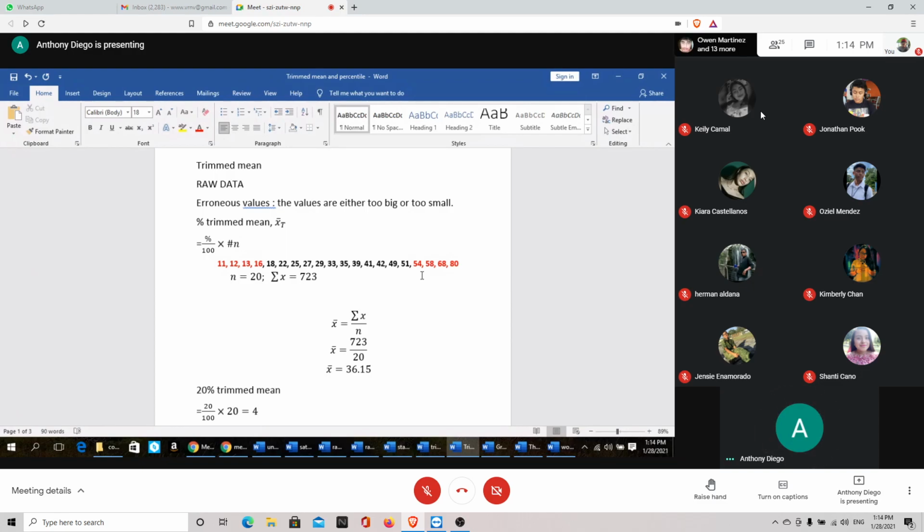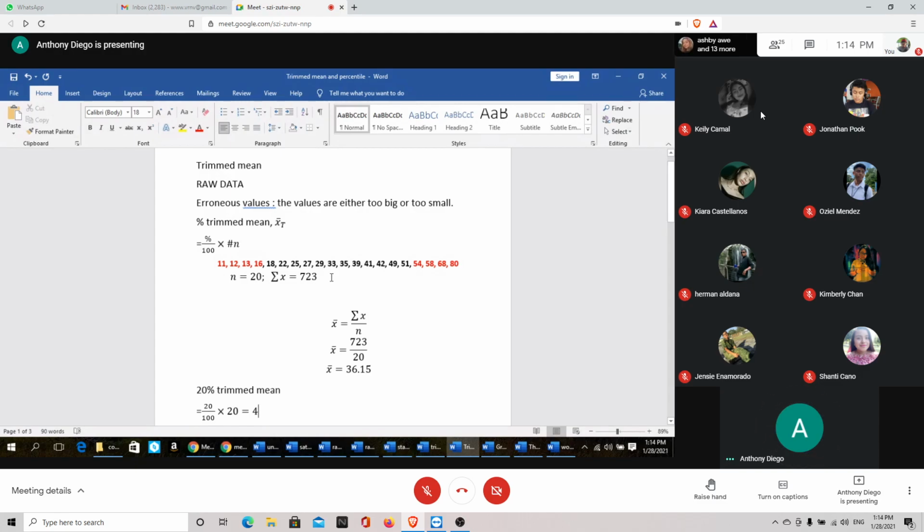Now, some people would say it's easier, so we don't have to use a formula: just adopt the ones in black, count the amount we have, which would be 12 numbers, and divide the sum by 12 to get the trim mean. It's correct, yes, but I want to see working and how the formulas are being used.